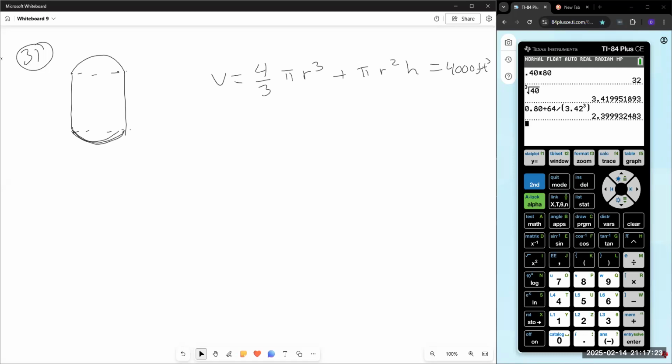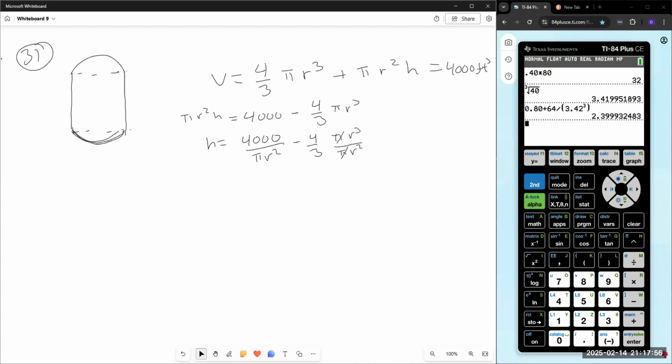It's going to be the oddball out here, so we're going to want 4,000 minus 4/3 pi r cubed is equal to pi r squared h. h is equal to 4,000 divided by pi r squared minus 4/3 pi r cubed divided by pi r squared.